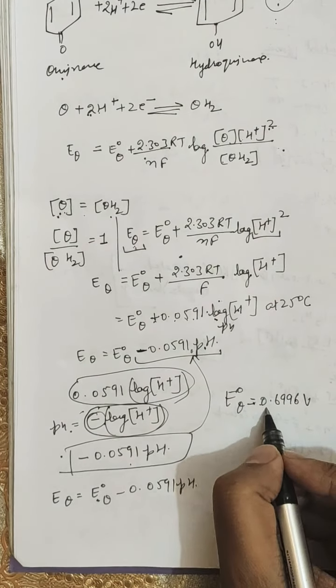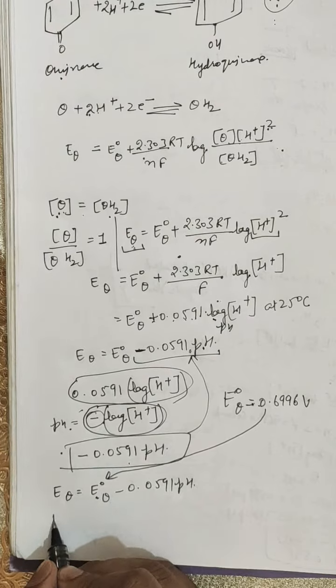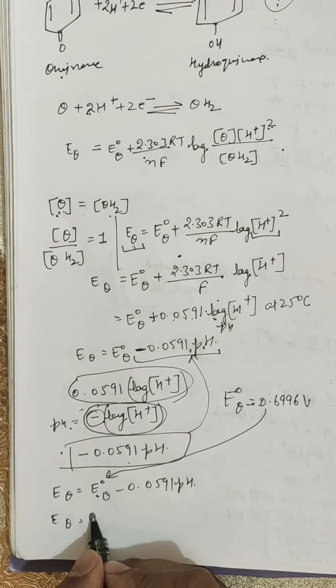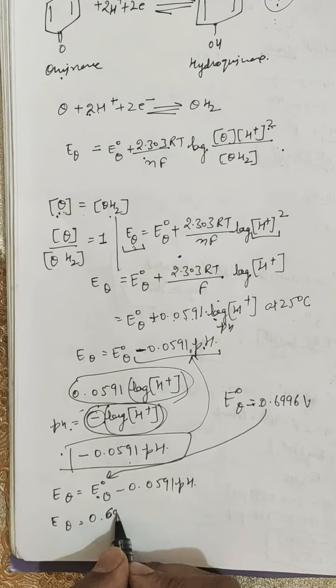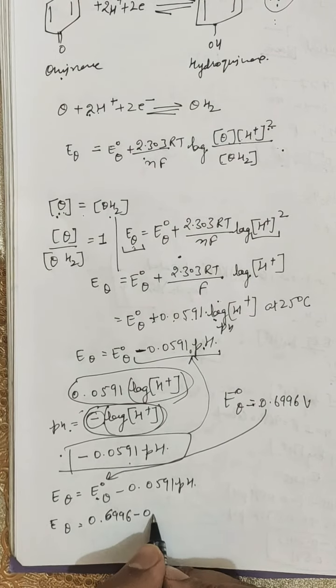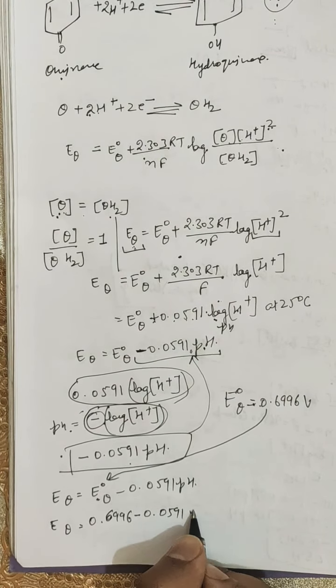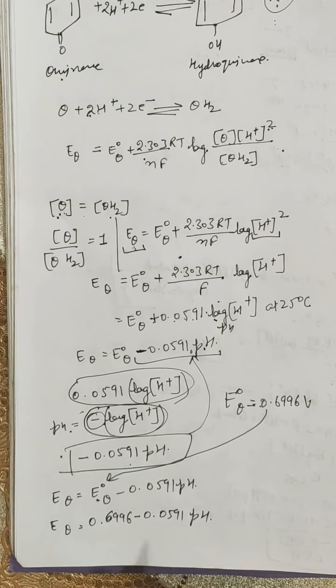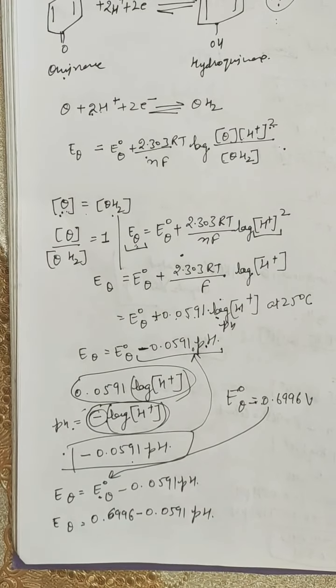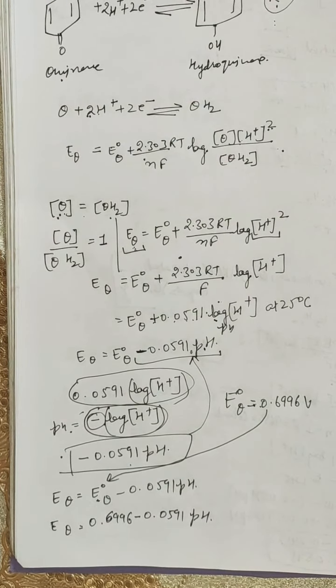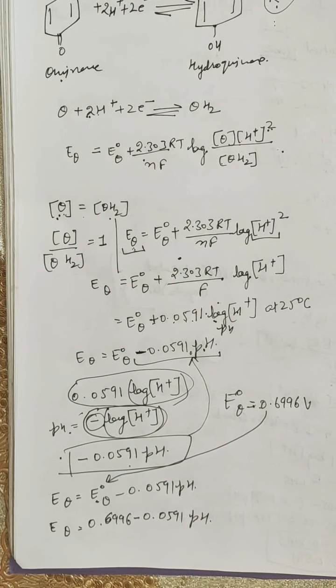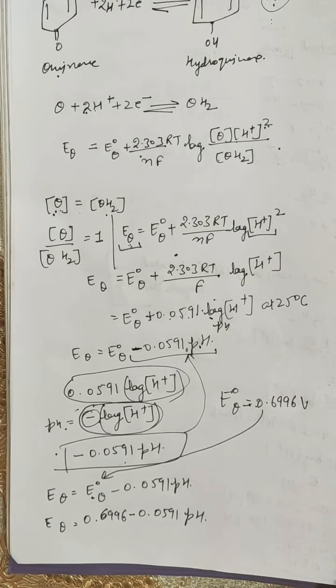So we put this value here, and EQ becomes equal to 0.6996 minus 0.0591 pH. Further simplification of this equation will give us the value of the pH. So it is helpful in the calculation of the pH of any cell.